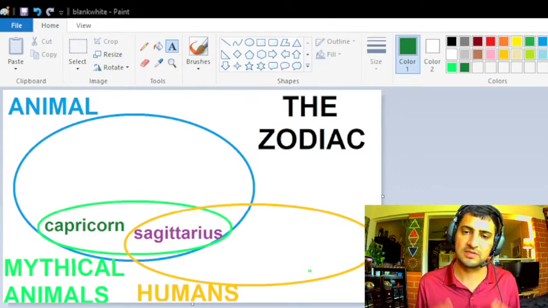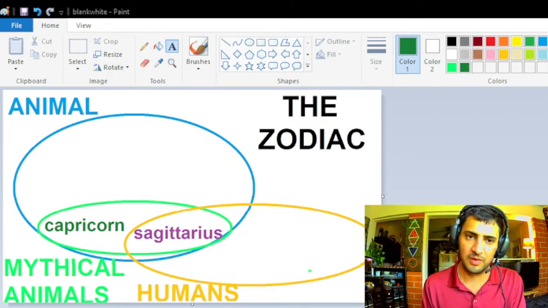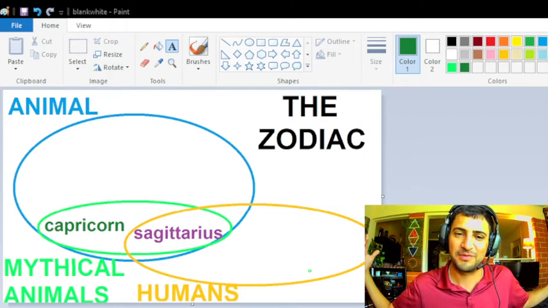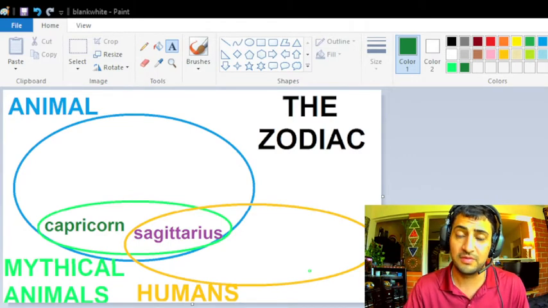So Capricorn is the self-made man or self-made woman. They're the only one who went through that full range from the very bottom all the way to the very top. So that's common with Capricorns. That tells you a lot about Capricorns.